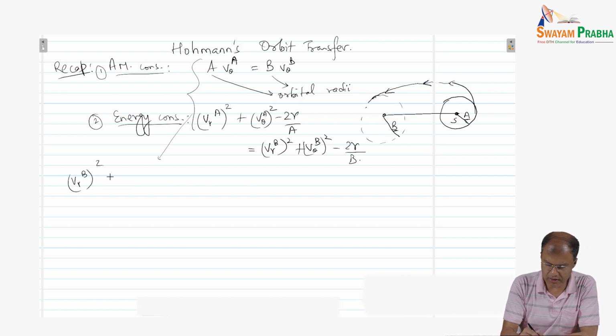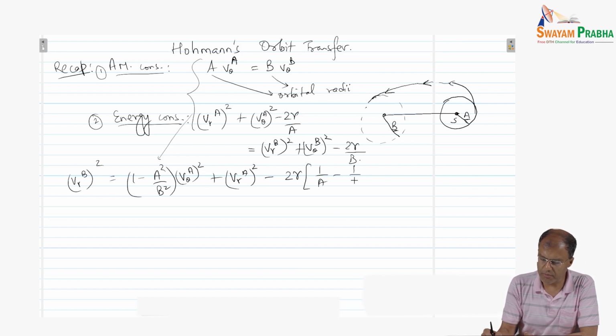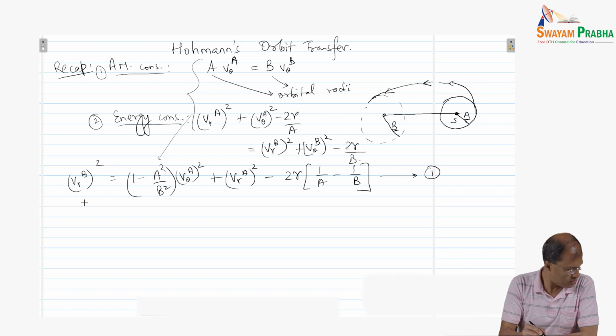VR B square is (1 minus A square by B square) times (V theta A) whole square plus VR A square minus 2 gamma (1 by A minus 1 by B). Let me call this constraint 1.